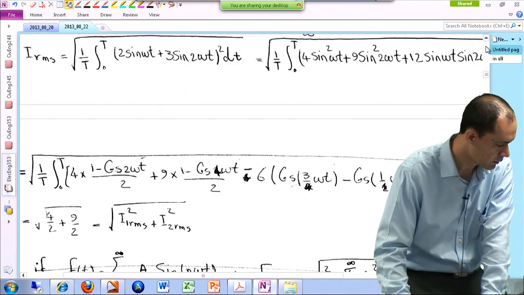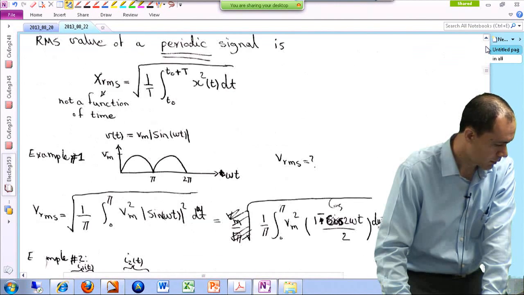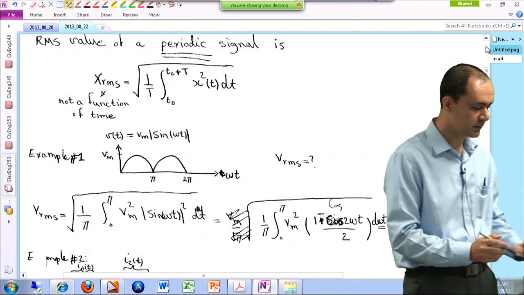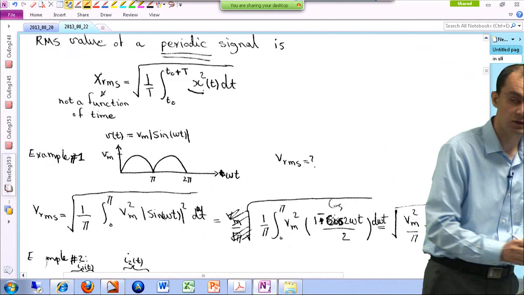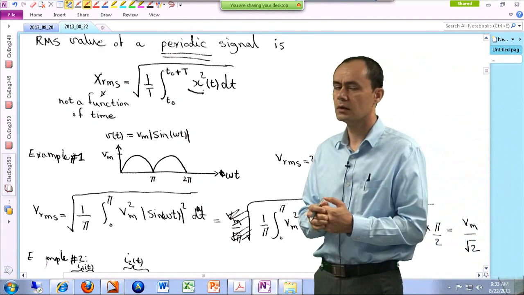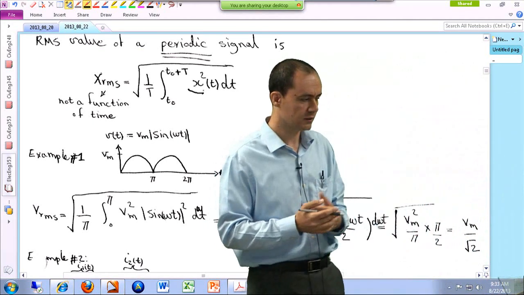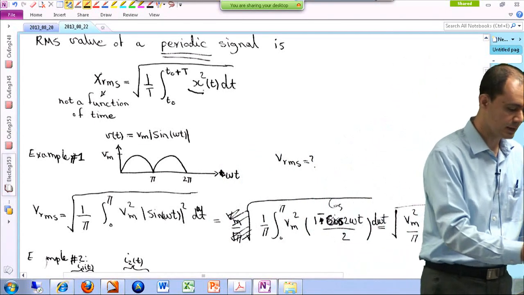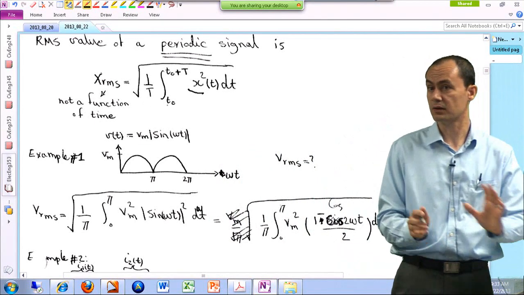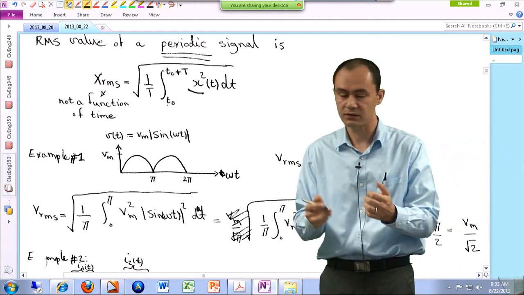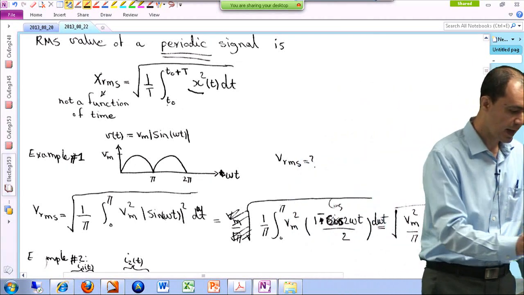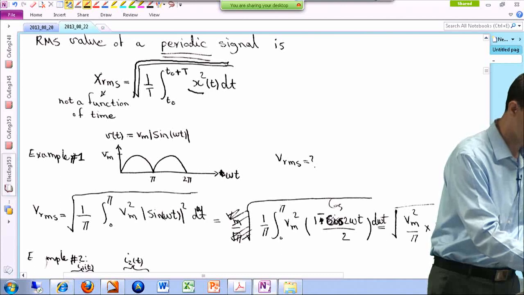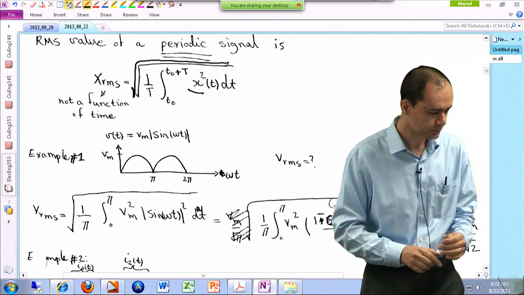If I have a signal like x of t, a variable by time, you multiply that signal by itself, so you get x squared, and then you integrate the whole thing over 1 period, and then you divide that by the duration of that period. That is as if you're taking the average value of this x squared, and then you take the square root of the signal in the end.